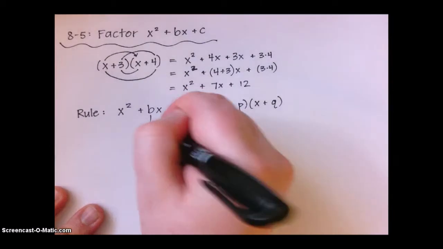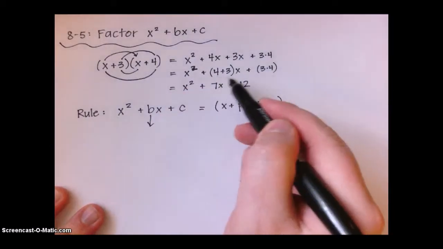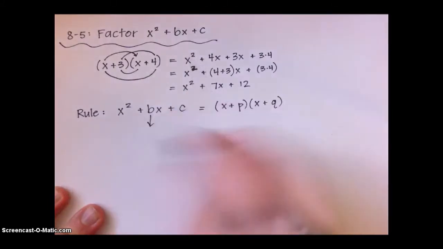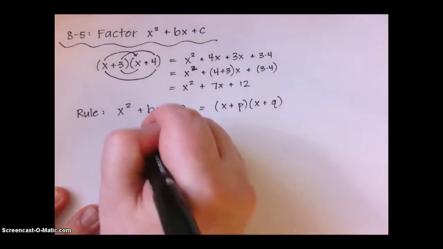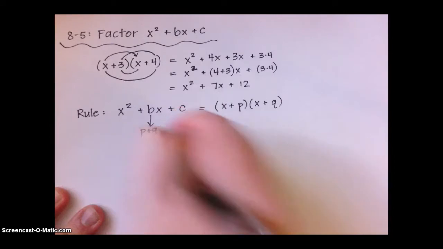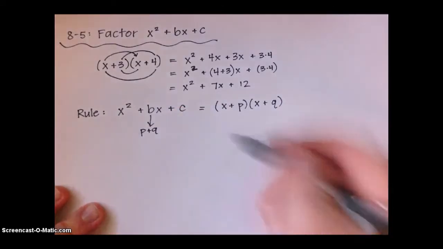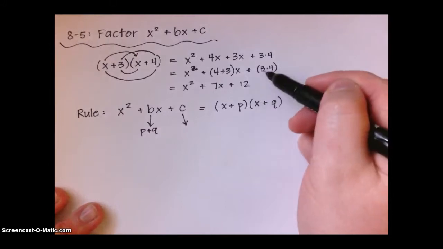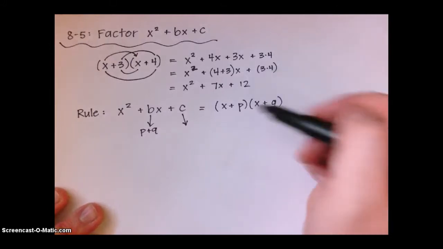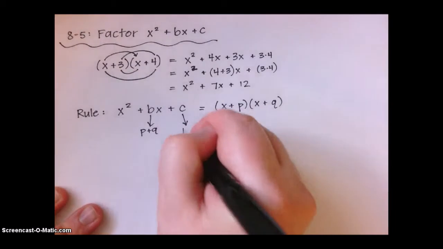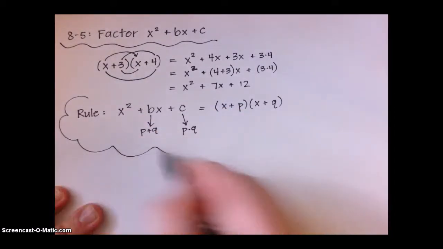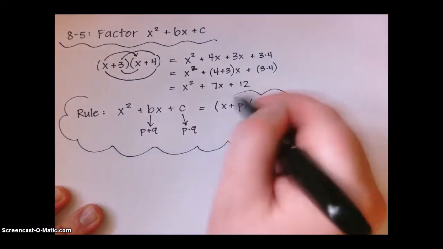And this b, like I said up here, the 7 was really the sum of the 3 and the 4. So if I have a p and a q, it's really p plus q. That's really what our b is. And the c, like up above, the 12 I got from 3 times 4. So by multiplying those two numbers, p times q. And this rule is really going to help you out in this whole section.